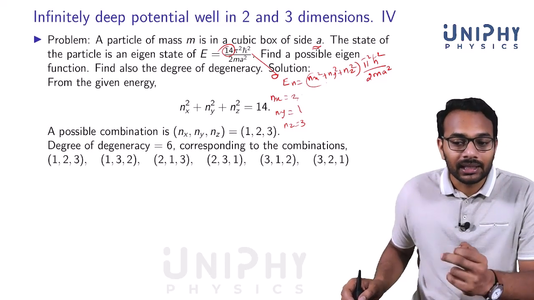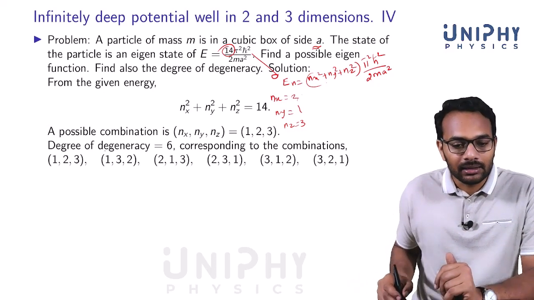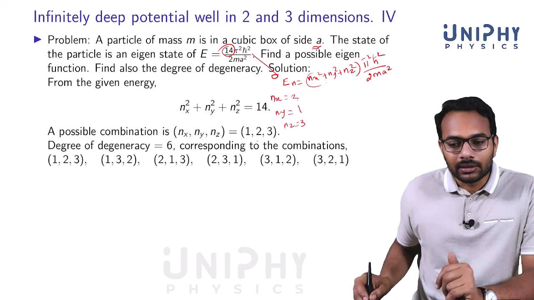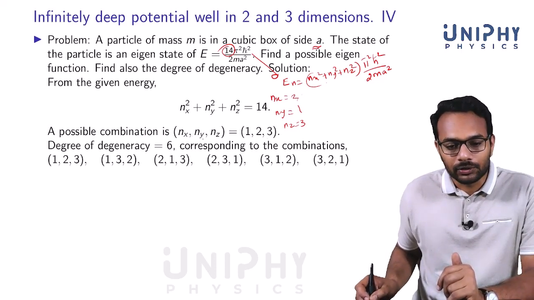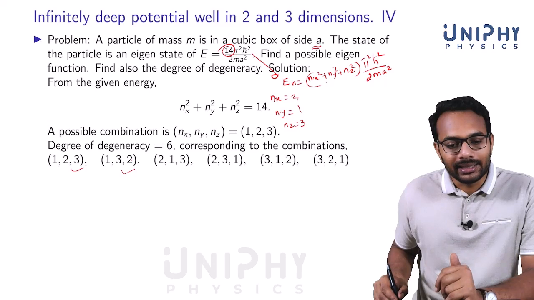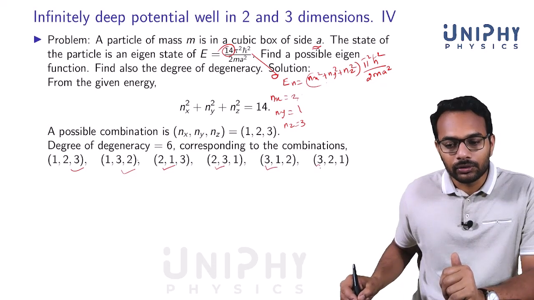But corresponding to each permutation, the wave function is different. So, for example, we can just write it like this. The combinations nx, ny, nz can be 1, 2, 3, or 1, 3, 2, which means nx 1, ny 3 and nz 2. You could also have 2, 1, 3, 2, 3, 1, 3, 1, 2, 3, 2, 1.